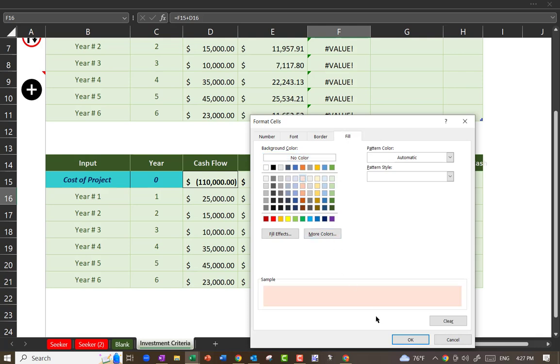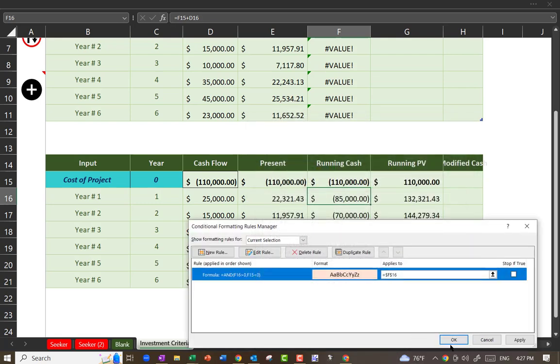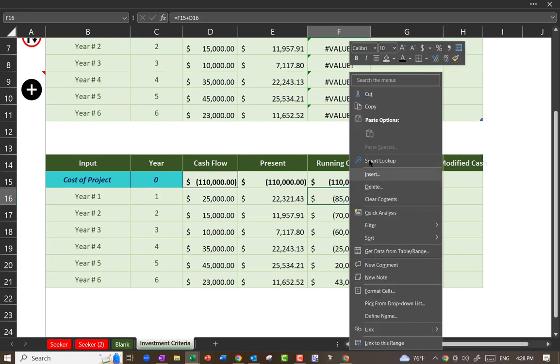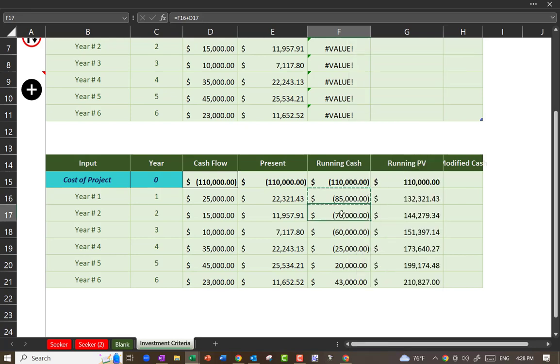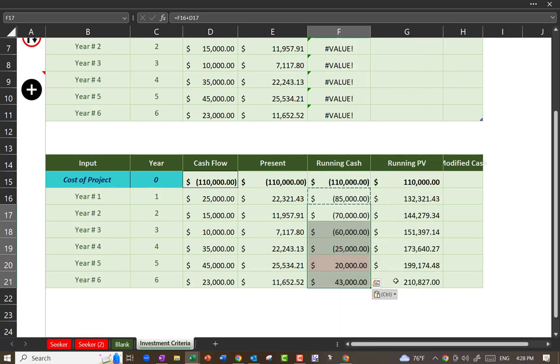Since that's not the case for that cell, it's not a problem. So copy that cell and paste formatting. Done. If I change this to... why didn't it do it? Oh, because it's precisely 0.